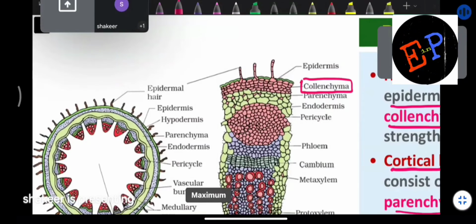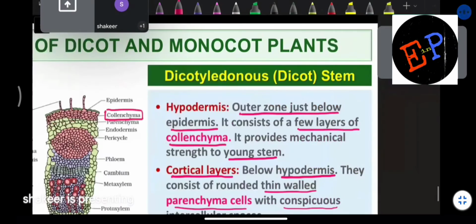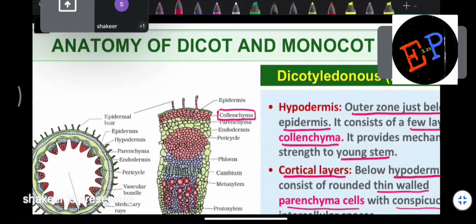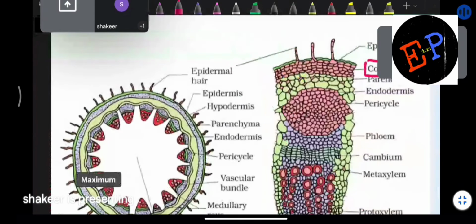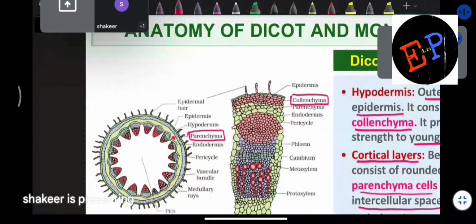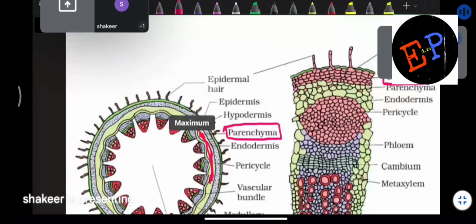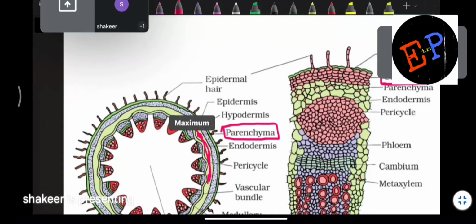So below the hypodermis you can find these cortical layers. You are seeing these layers of parenchyma cells, the green colored layer. This layer which is present inside the hypodermis, that layer we can call the cortical layers.